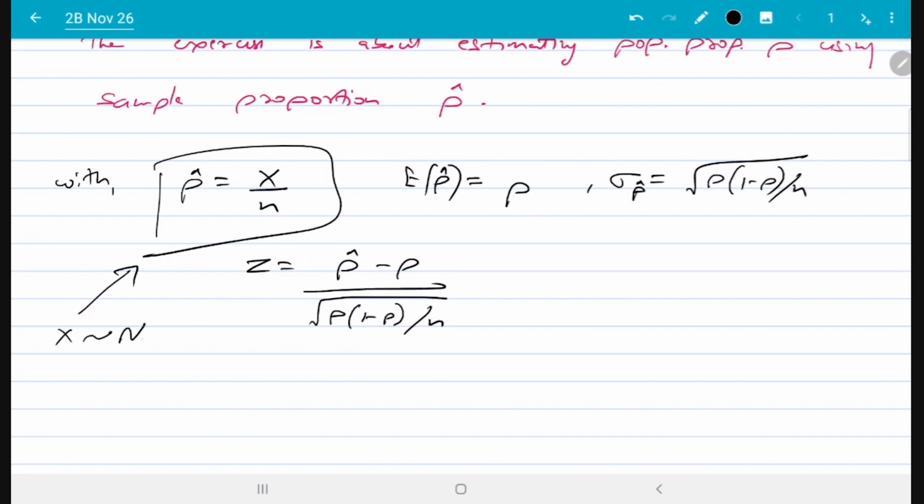X is normally distributed, p hat is also normally distributed, because it's just random variable x divided by a constant. If p hat is normally distributed, we can standardize it by subtracting the mean and dividing by standard deviation, which I've already written.